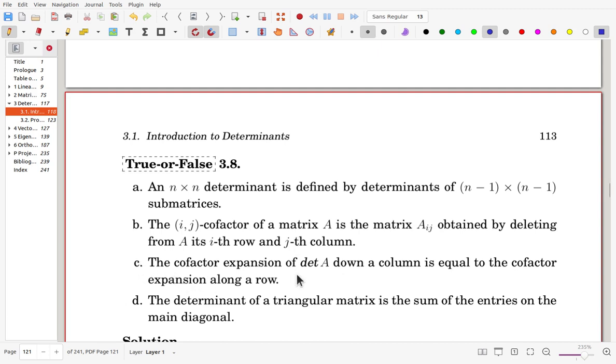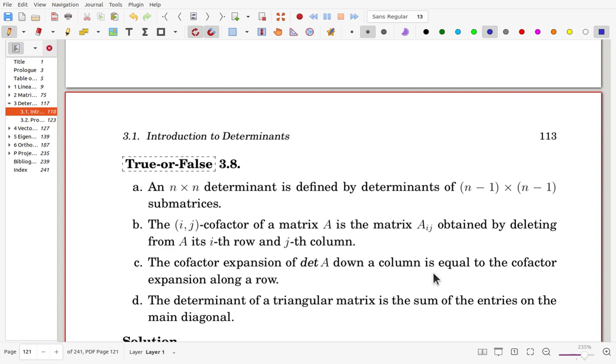The cofactor expansion of the determinant of A down a column is equal to the cofactor expansion along a row. Yes, it's true. Any row or column can be chosen for cofactor expansion, but you should try to choose the simplest one, that means the column or row which has the most zeros.